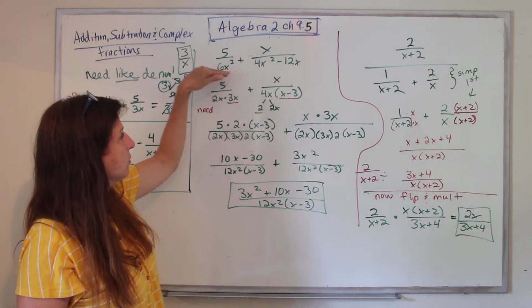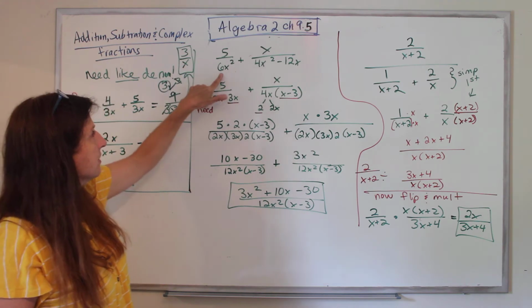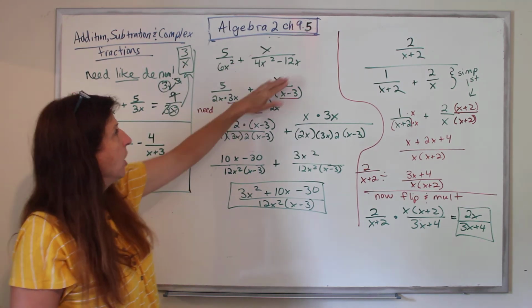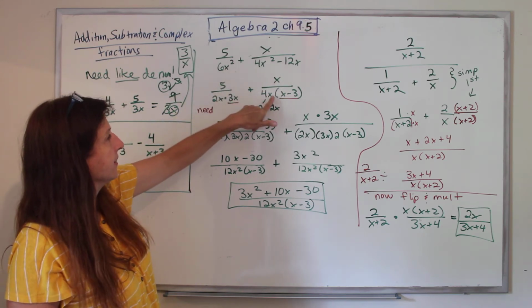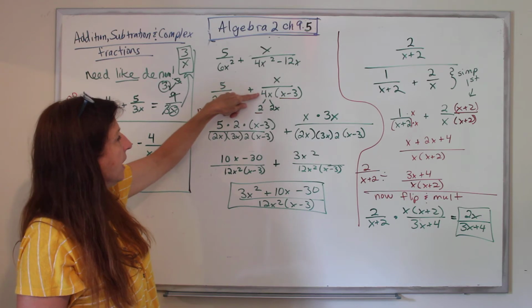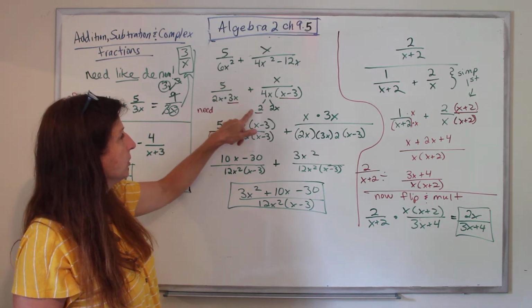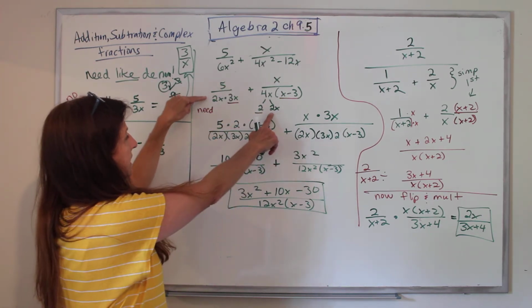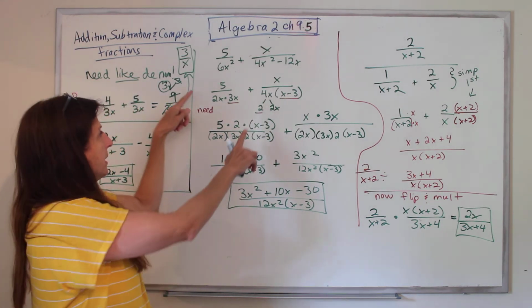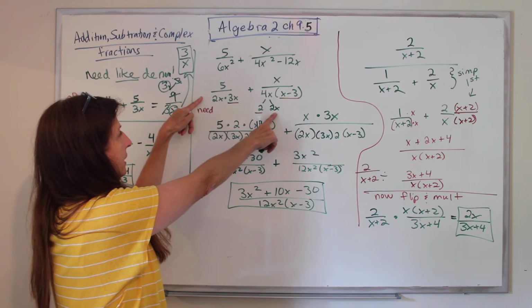So we have to try to make these the same. This 6x squared is made out of a 2x times a 3x. I pulled a 4x out of this, so I was left with x minus 3, and 4x is made out of 2 times 2x. Do you see how these are the same? So I don't need that in my new denominator. They already have it in common.